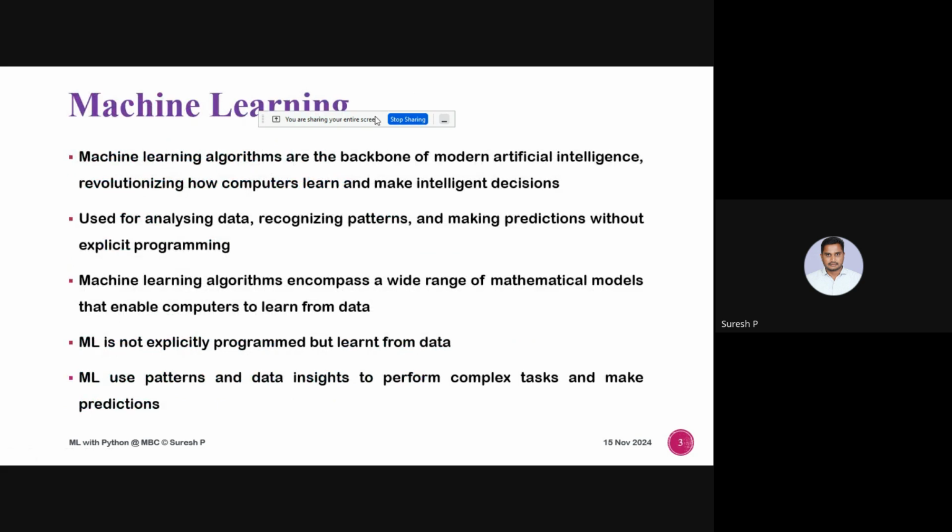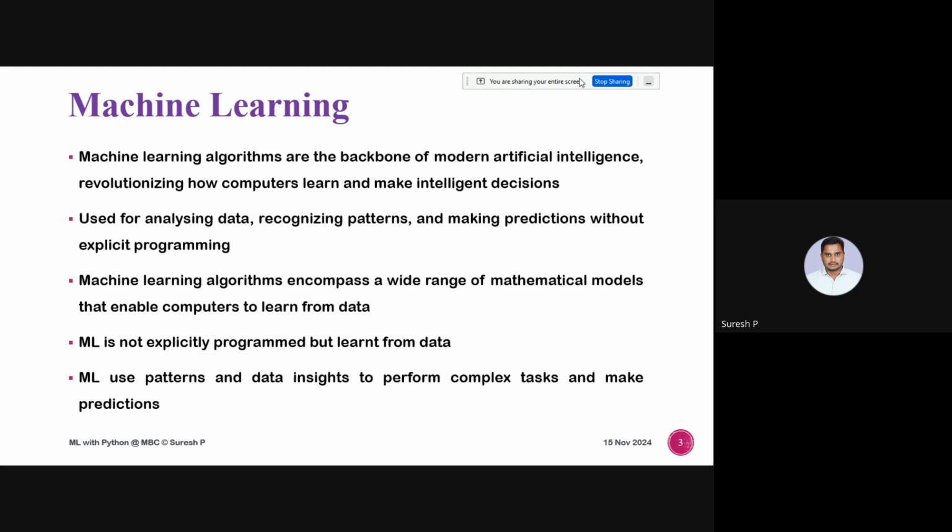First, let's start with machine learning. Even though you might have discussed machine learning and its types in the previous days' sessions, we are going to just recall it. We all know that artificial intelligence is currently ruling the world, and machine learning algorithms are the backbone of artificial intelligence.